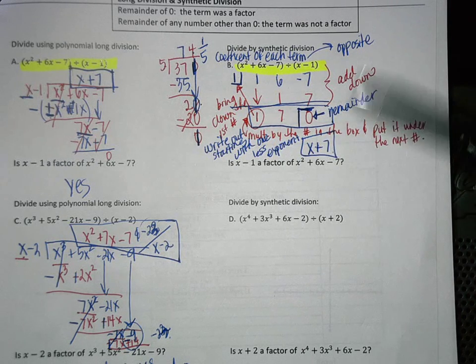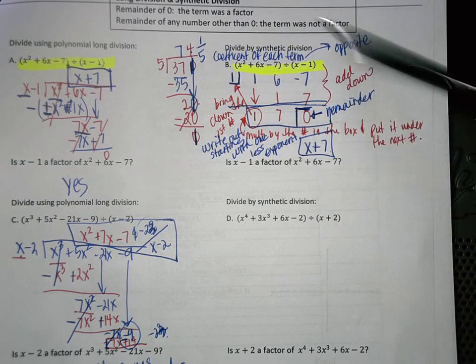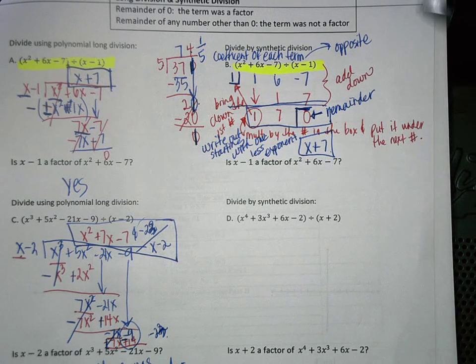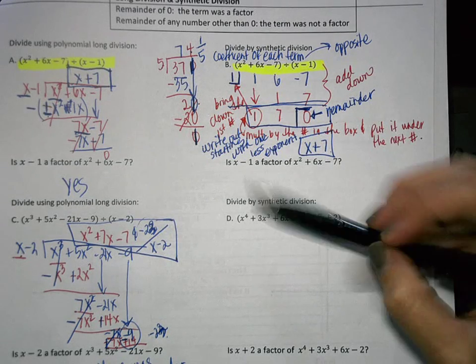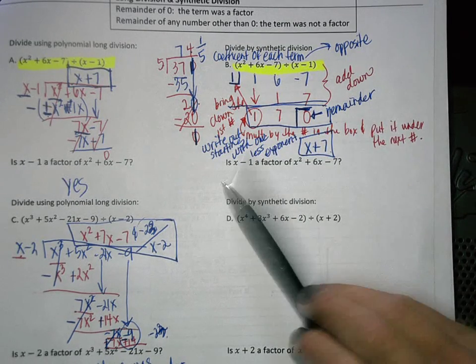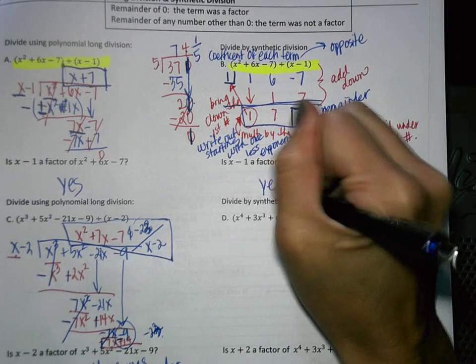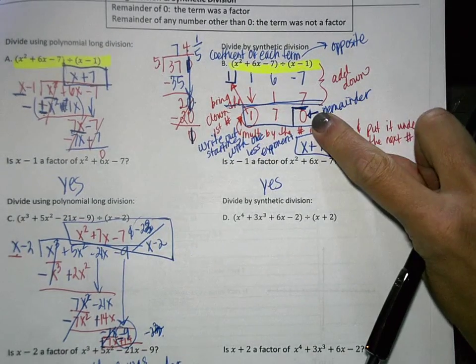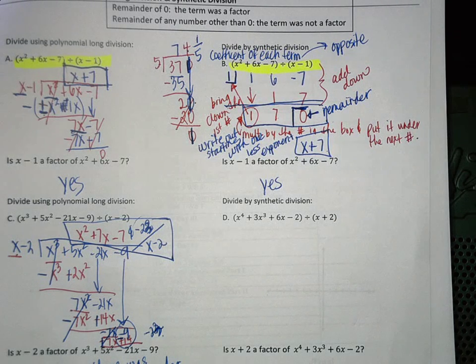So we got the same answer either way, and this may seem more complicated right now, but it'll be a lot easier once we go through it a couple more times. So in this case, was x minus 1 a factor? Yes, and the reason is because my remainder was 0. So let's do another synthetic division problem without all the notes.